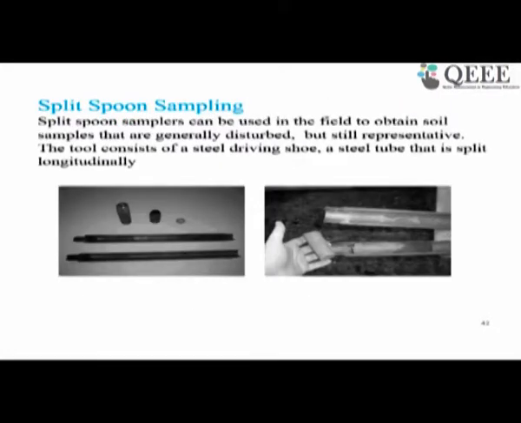Now coming to sampling, we will see that there are various types of samplers. One is the split spoon sampler, which is commonly used for sampling purposes. Some disturbance is evident even with this split spoon sampler, so that has to be understood before we go for the sampling.